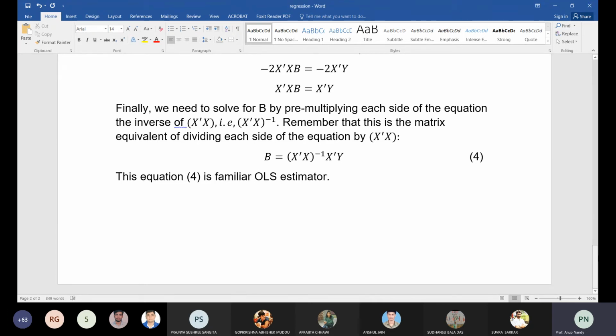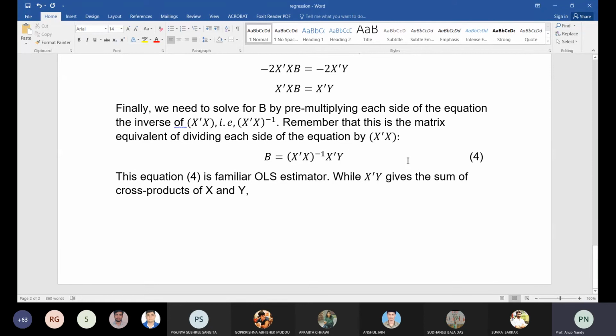Okay, now if you just go back to the bivariate case, if you note closely the expression on the right hand side, x transpose y gives you the sum of cross products of x and y.